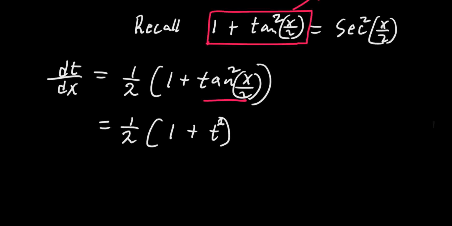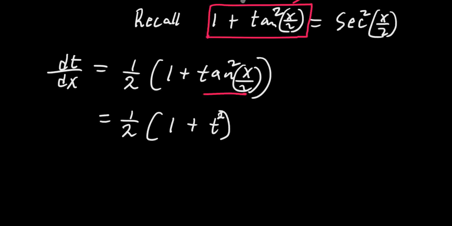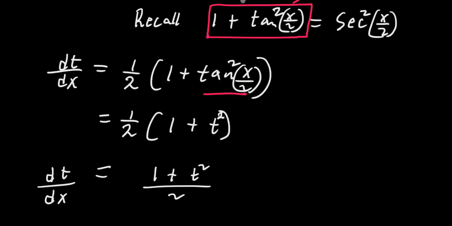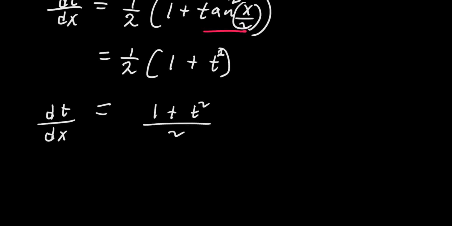Take note of that. So if we clear the parentheses, this will become 1 plus t squared over 2. So dt over dx is equal to 1 plus t squared over 2.